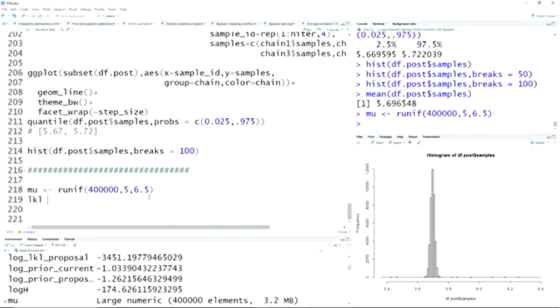Now for each value of mu, I'm going to calculate the likelihood. Okay. By the way, here again, it would be impossible to calculate the joint likelihood because it will always give you 0. So rather than calculating joint likelihood, you can calculate log likelihood. So basically apply the same approach. So what would be log likelihood?